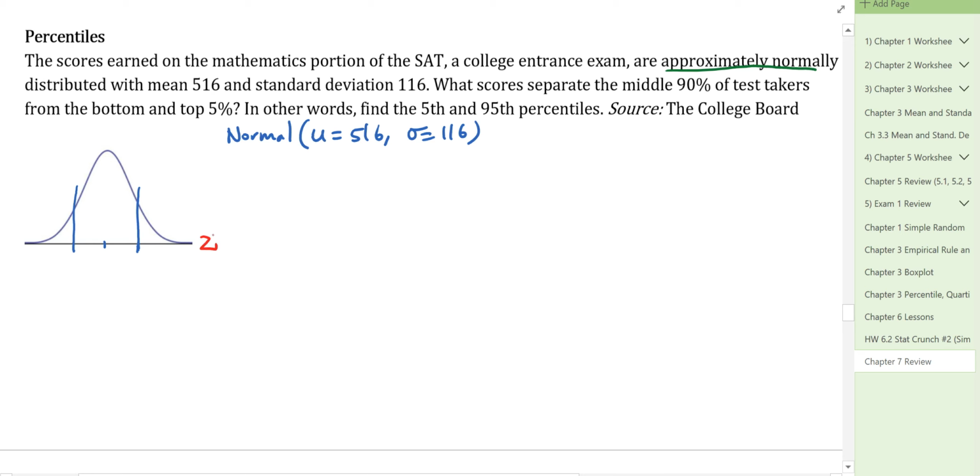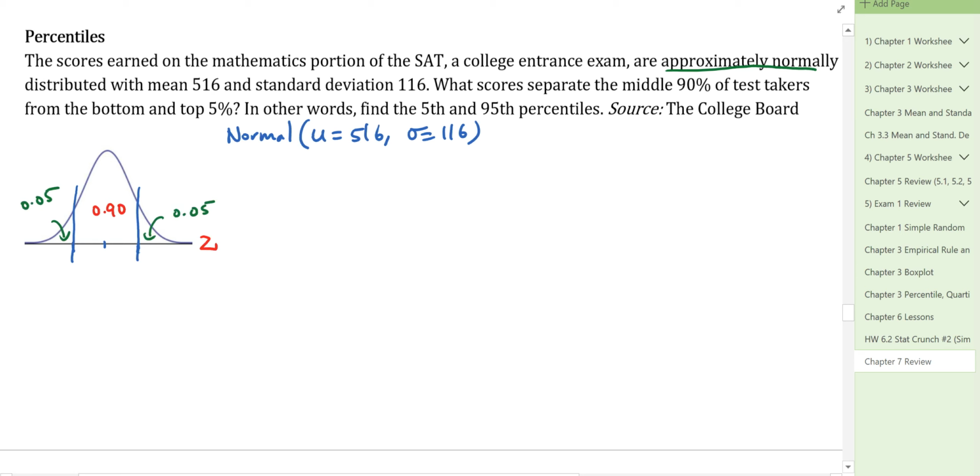Again, think about probability. The middle is 90%, with the top 5%. It's just probability, 100% under the curve, so the whole thing is 100%. So this is 0.9, meaning that the area in each tail will be 5%, 0.05, and here also 0.05.